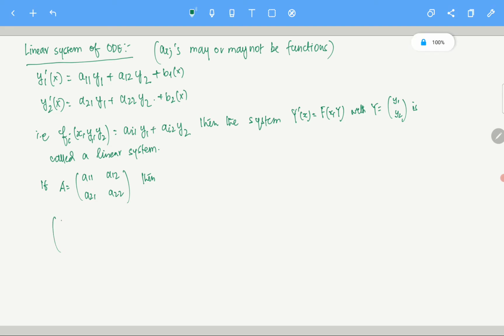It looks like y1 prime of x, y2 prime of x, equals a11, a12, a21, a22 times y1, y2 plus b1, b2. Clear?